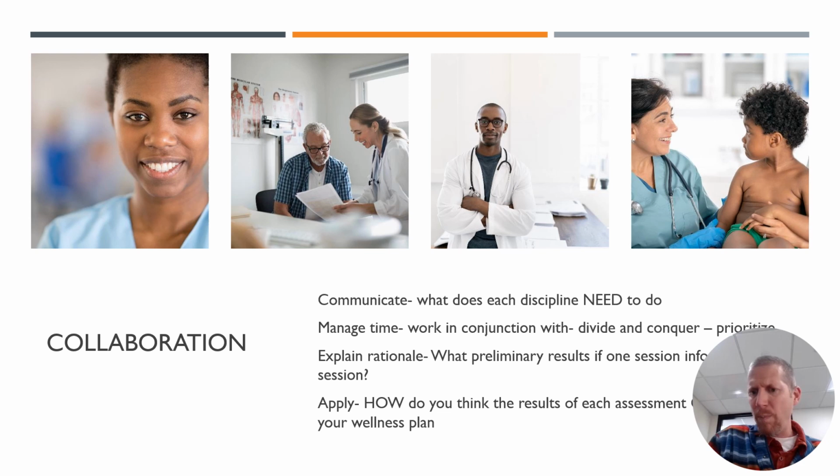So again, 9-hole peg, is that going to provide you with any guidance on your wellness plan? Or just observing buttoning, observing utensil use, interviewing them about their occupational profile and history, and observing her hand use with those things, that's going to tell you a whole lot more on what you might specifically recommend for their wellness plan.